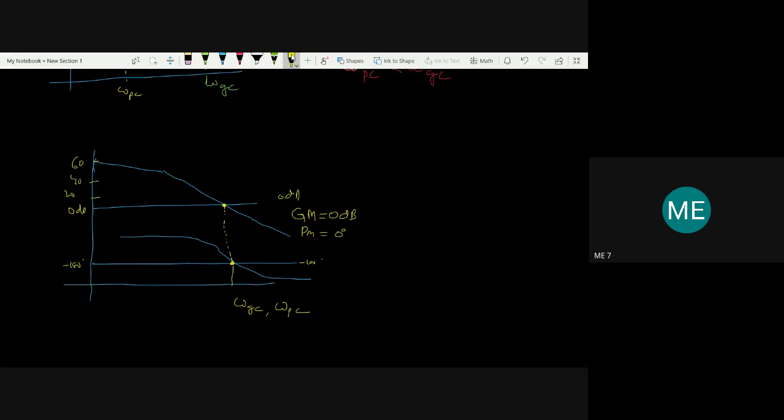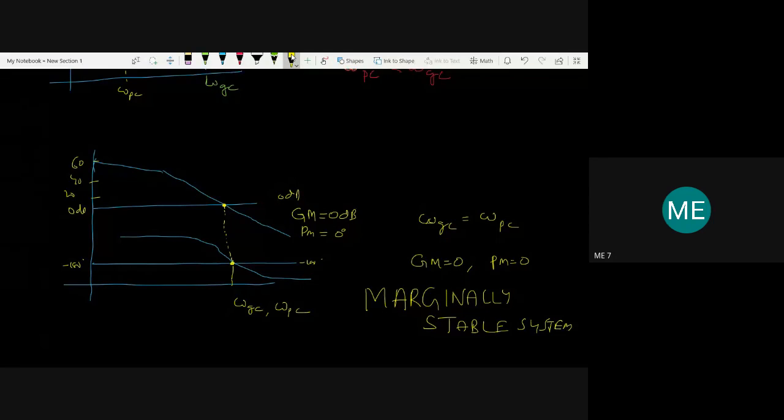So here omega GC is equal to omega PC, GM is equal to 0 and PM is equal to 0. Then the system is said to be marginally stable.